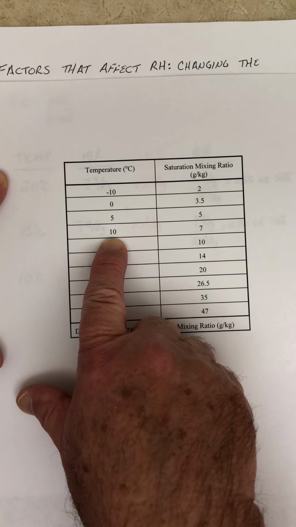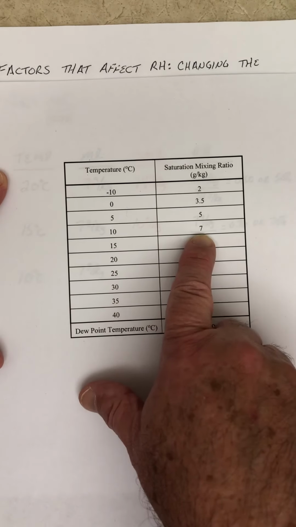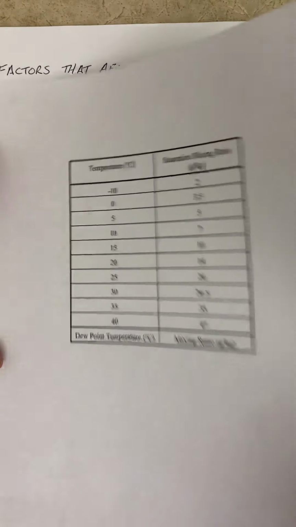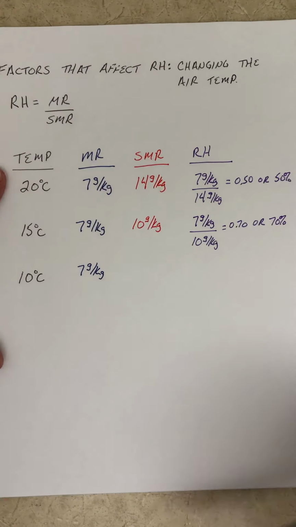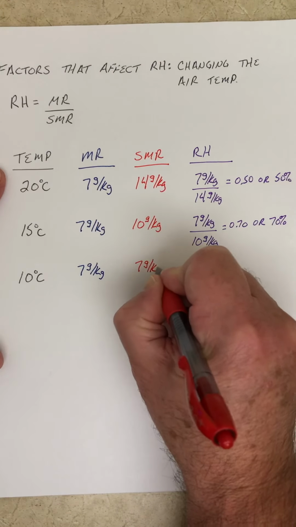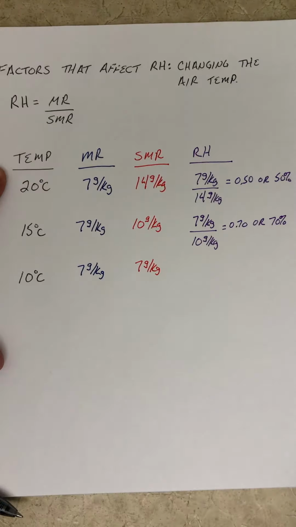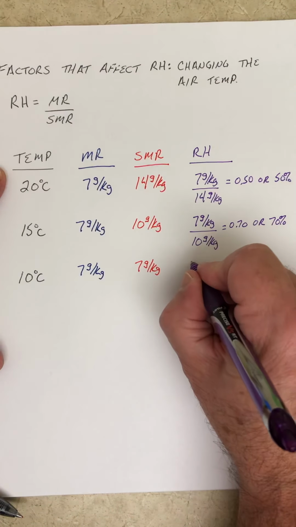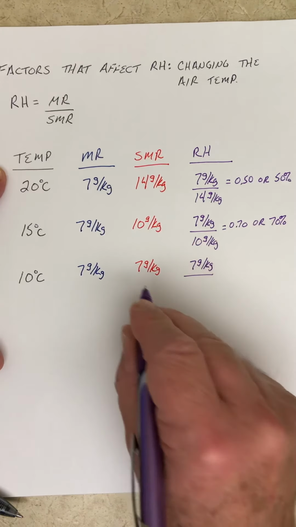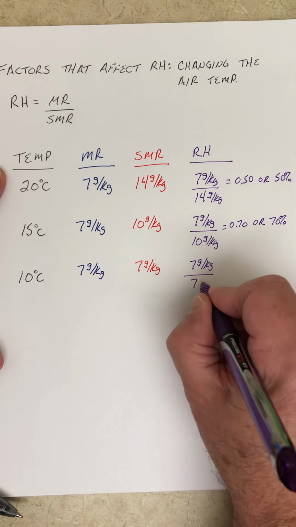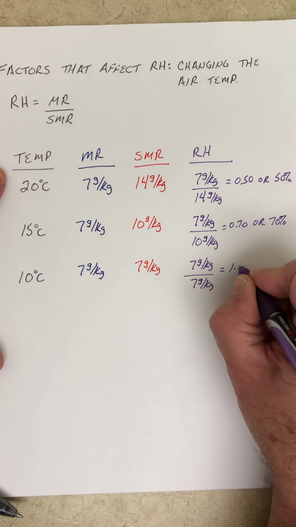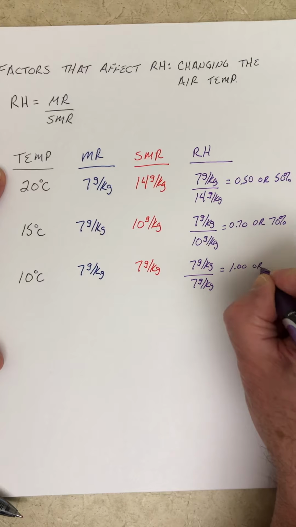With a temperature of 10 degrees C, the air can hold a maximum of 7 grams of water vapor per kilogram of air, so 7 grams per kilogram is our saturation mixing ratio. Therefore, our relative humidity is 7 grams per kilogram divided by 7 grams per kilogram. This comes out to 1.00 or 100%.